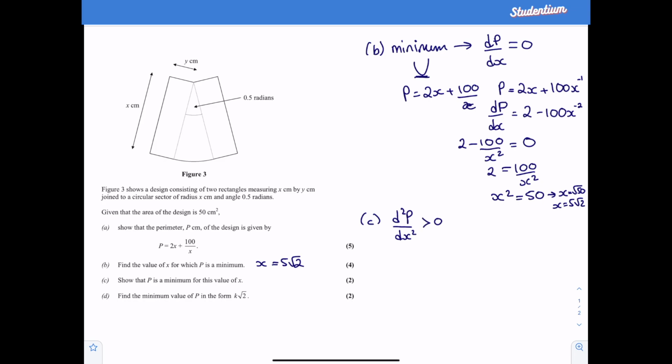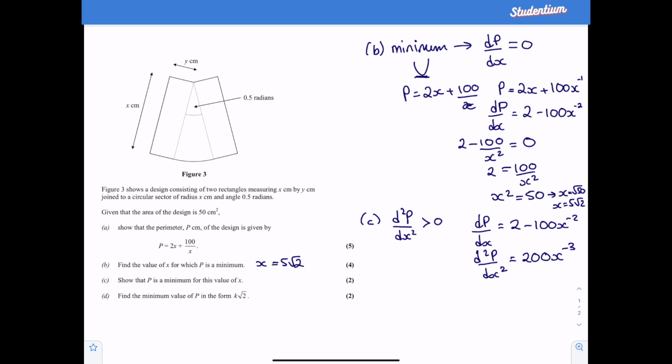All right. So in this case, we already know that dp dx is equal to 2 minus 100 x to the minus 2. But let's now work out what the double differential is. So that will leave us here with 200 x to the minus 3.